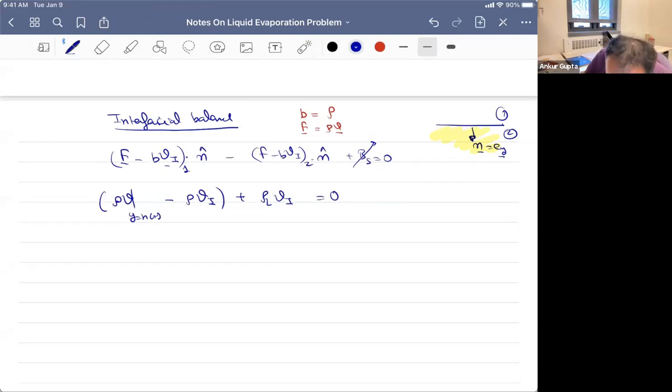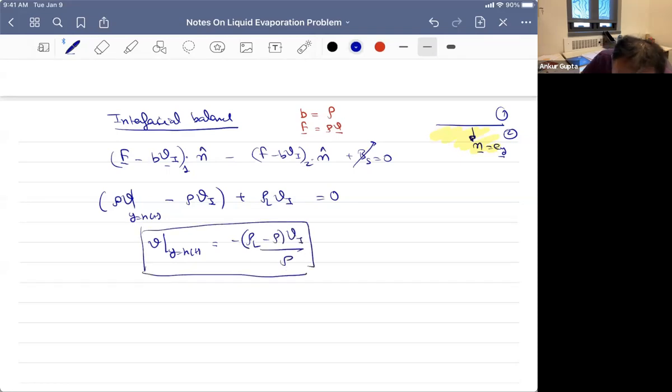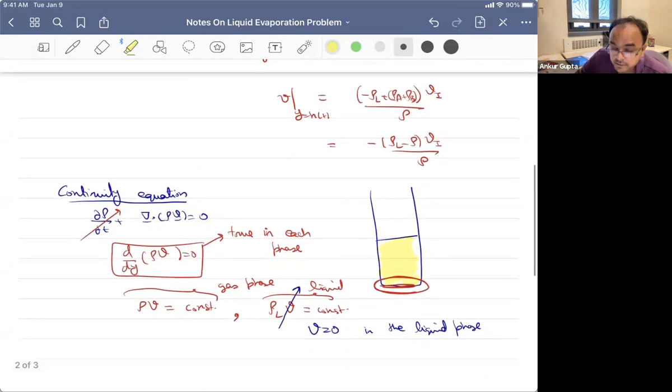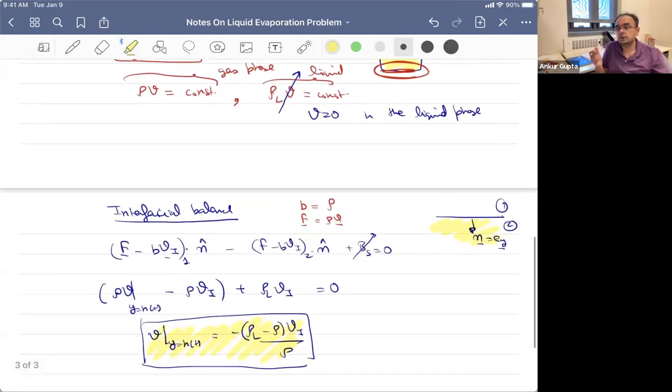Because if you rearrange this, you get v at y equal to h(t) equal to (ρ_L minus ρ) v_I divided by ρ. And this is the same as the equation I had derived here. So it's the same equation using the continuity equation or the species balance.